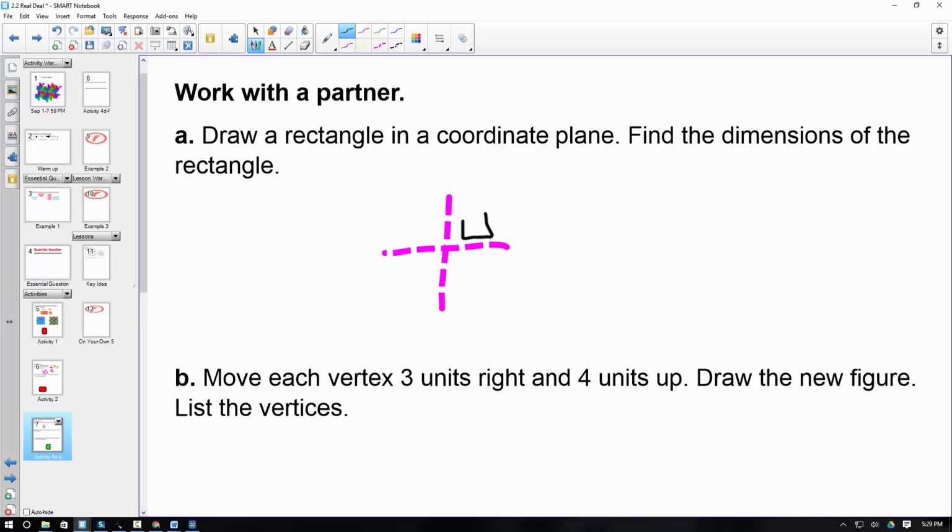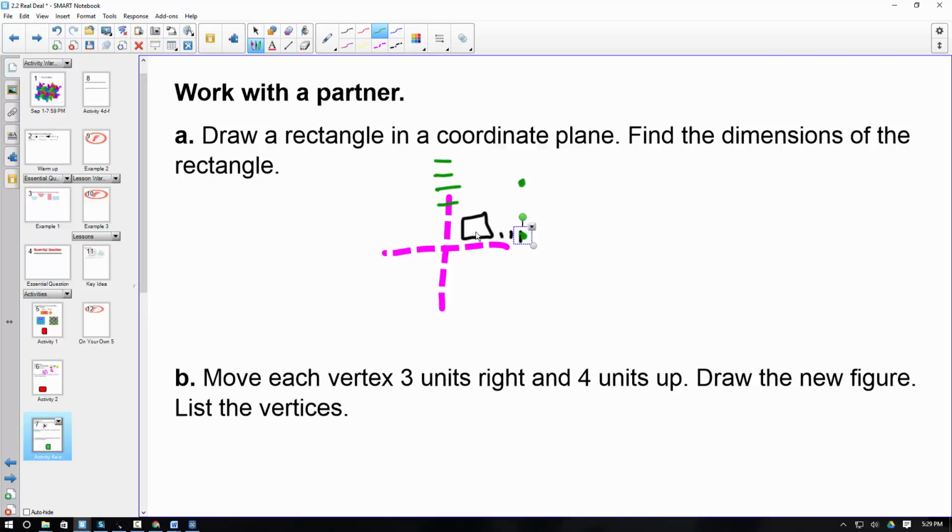So that's my rectangle. I move it 3 to the right, so 1, so move this one here like 1, 2, 3. Use a different color here. And I'm going to move it up from where it was, 4. So 1, 2, 3, 4.